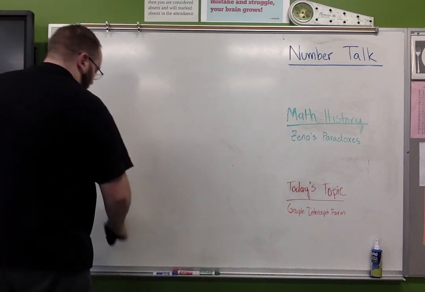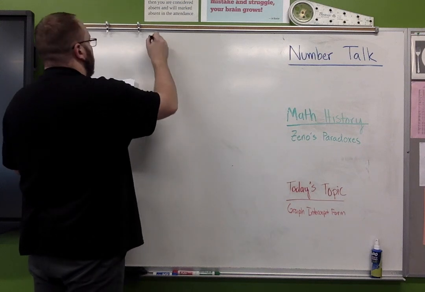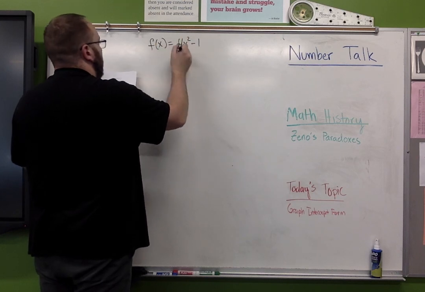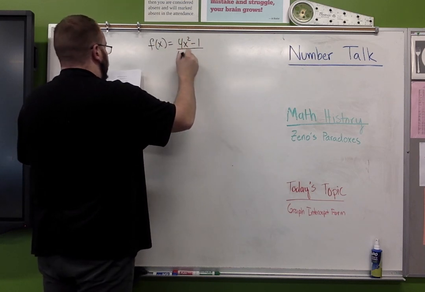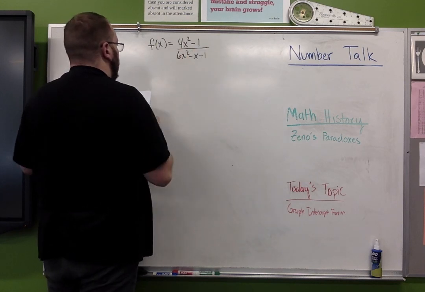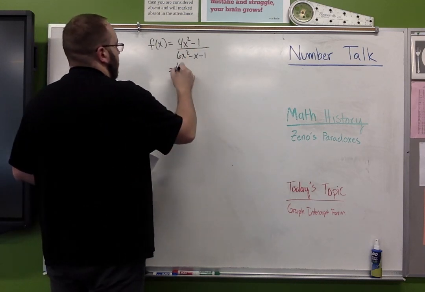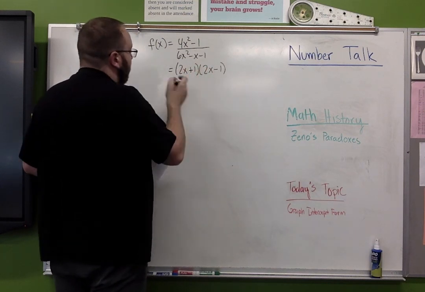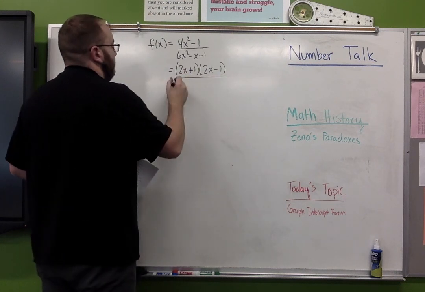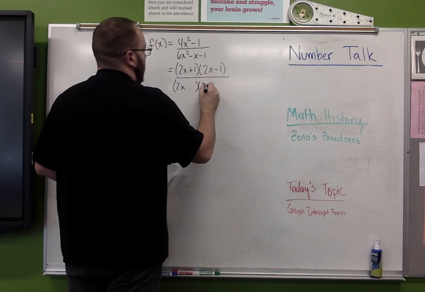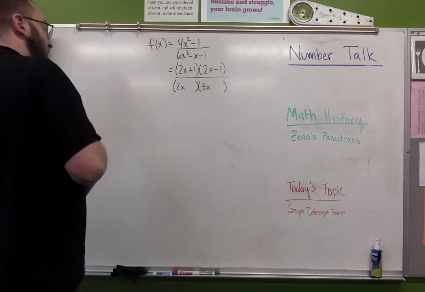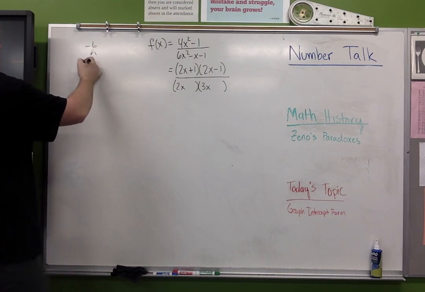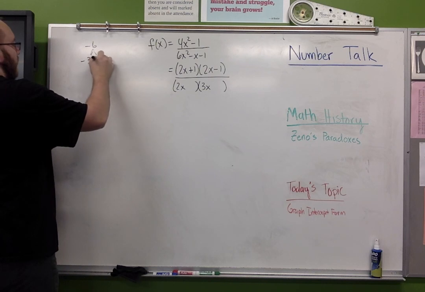Okay, last one. So fully factor: 2x plus 1 times 2x minus 1 over, so that's -6, and so we want -3, +2.